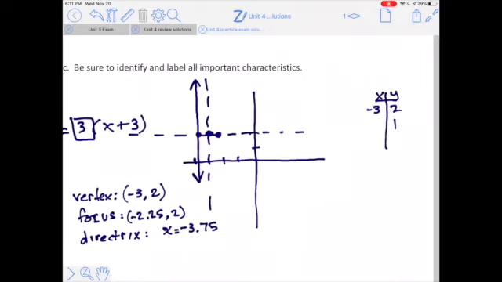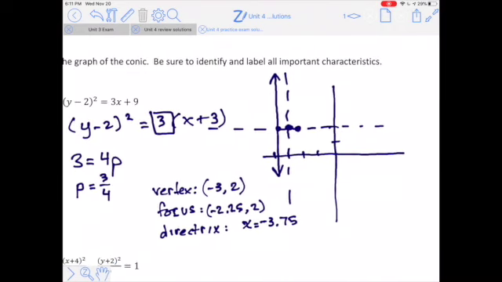If I choose to let y equal 1, and you plug it into the equation, y becomes 1, so 1 minus 2 is negative 1, negative 1 squared is 1. So then we have this equation, 1 equals 3x plus 9. So if you subtract, you get negative 8 equals 3x.